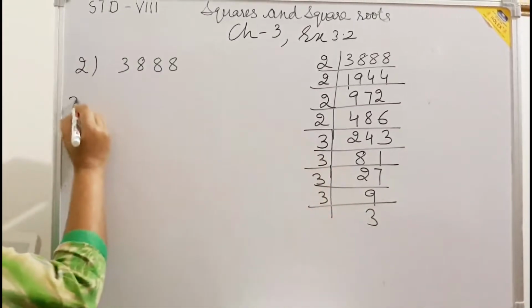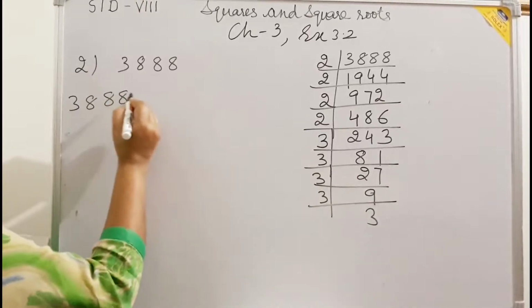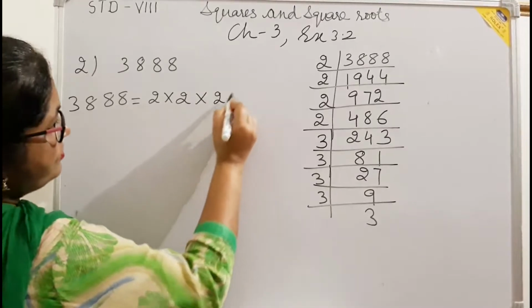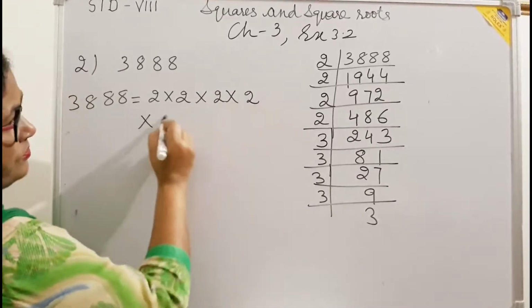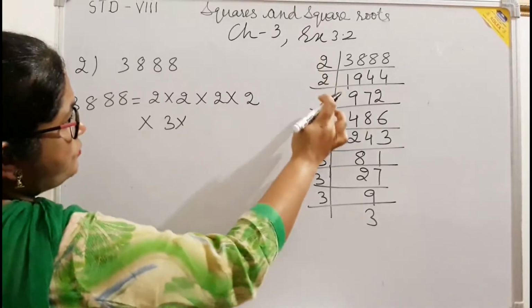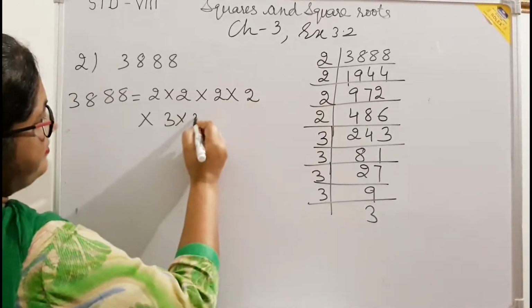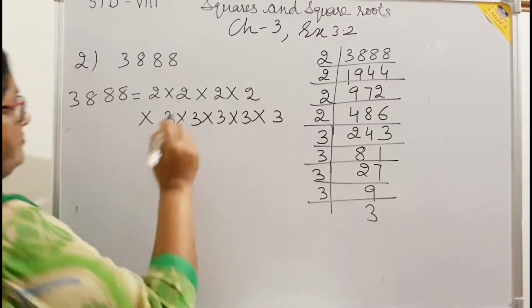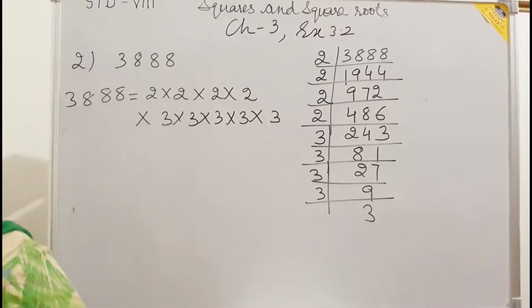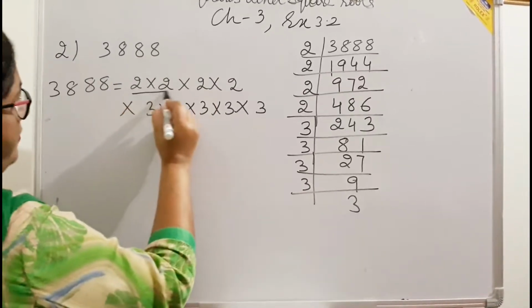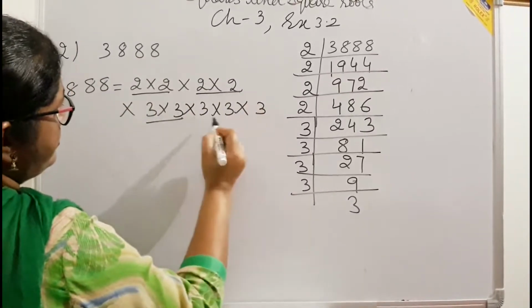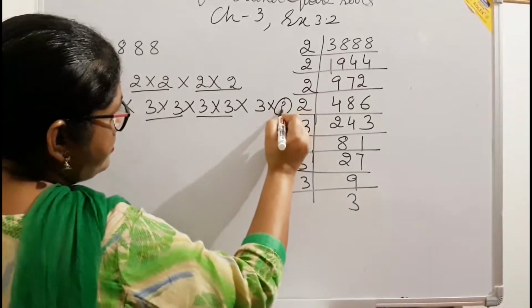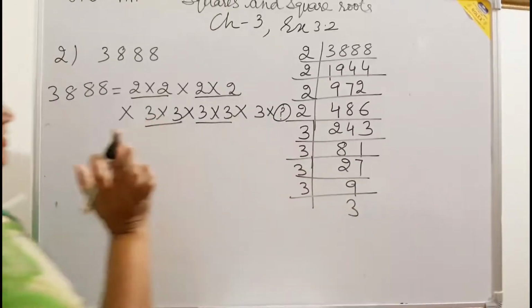Yes, means 3888 has 2 appearing 1, 2, 3, 4 times and 3 appearing 5 times. Means one pair, second, third. Now we need 3 more.